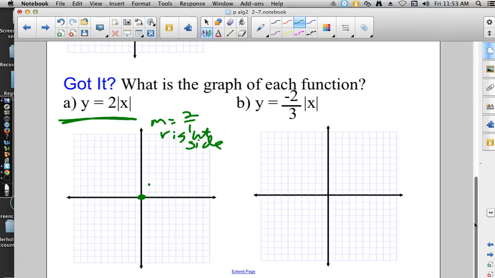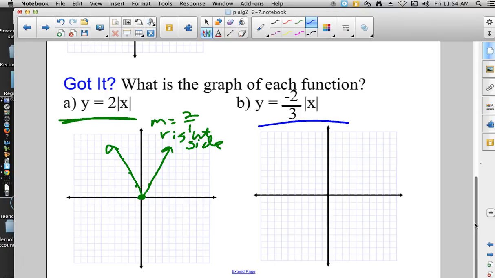So up 2 and the right 1 a couple times. Again, use symmetry or use a negative 2 slope. Go up 2 and left 1. But get a few points on there, enough to give you a nice V shape. Looks like so. Ugly.